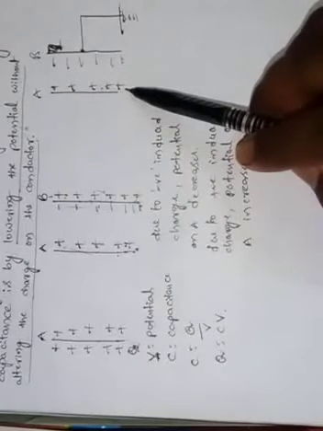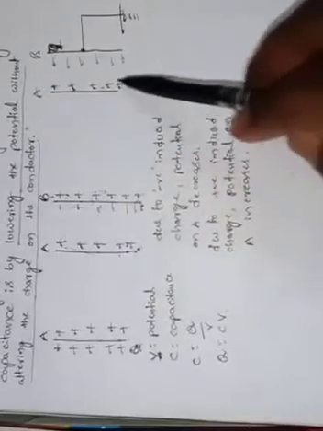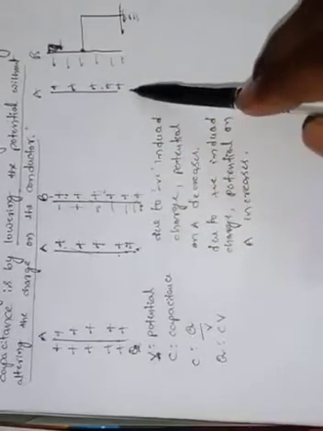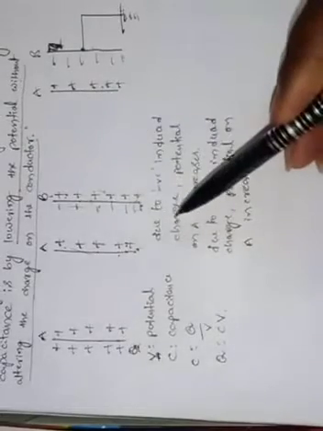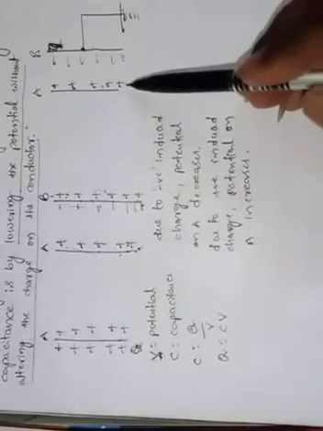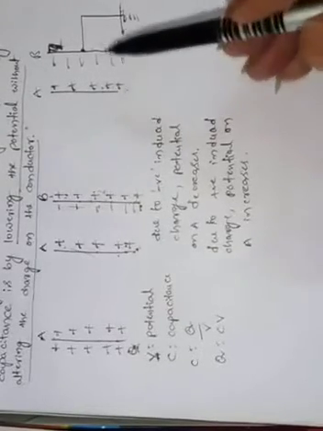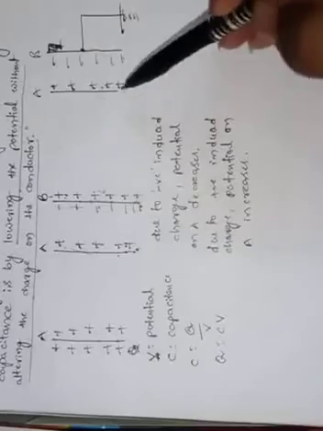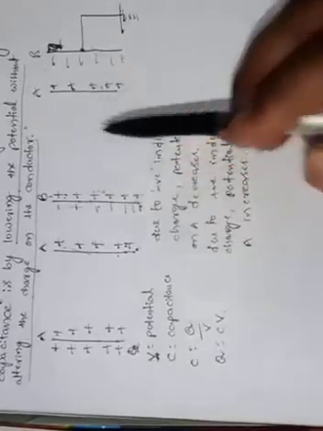Hence the capacitance of this conductor increases. Capacitance increases means the capacity of storing charge is increased by lowering the potential of the conductor. This is one way to increase the capacitance.